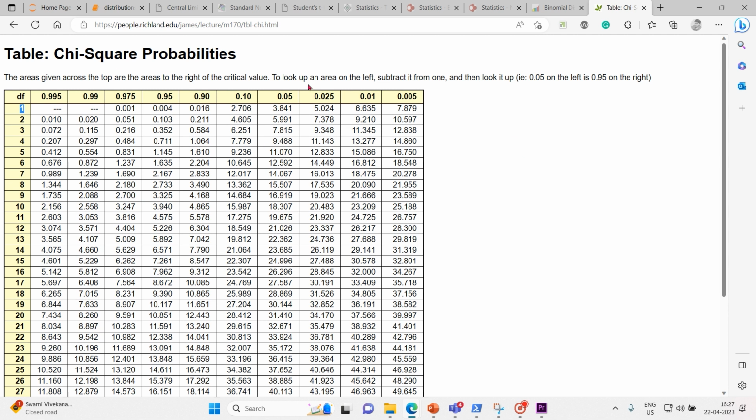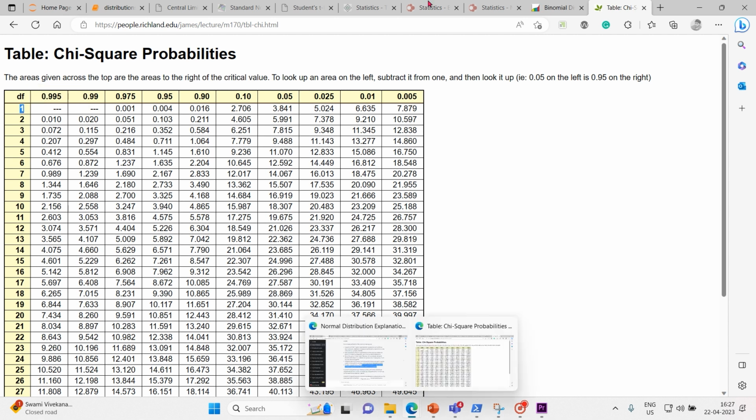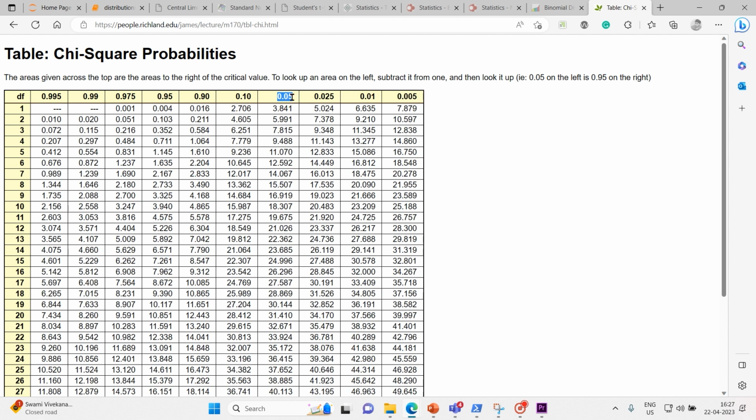So the values that are given for us are right of the critical value. These are all right side of the critical values. Okay, if you want to get it for the left side, then you have to subtract the respective value from 1. That's it. Okay, so now I got my degrees of freedom and I got my level of significance. I want to go with the level of significance of 0.05 and degrees of freedom and come down.